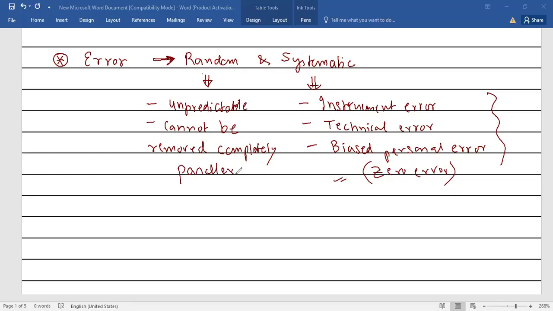Now, random error also happens because of instrumental design or the technique adopted, because no instrument is 100% perfect, no technique is 100% correct, right? And also random error occurs due to unbiased personal error, meaning by mistake you are making a mistake.